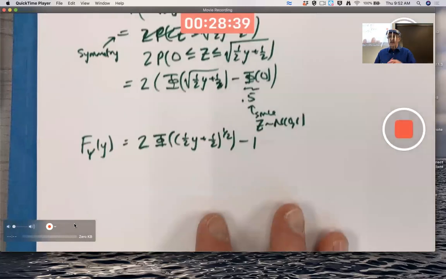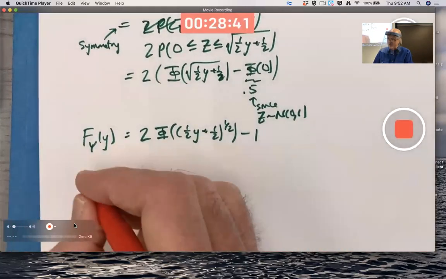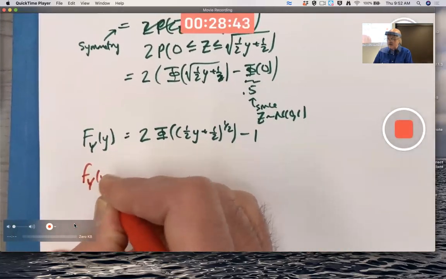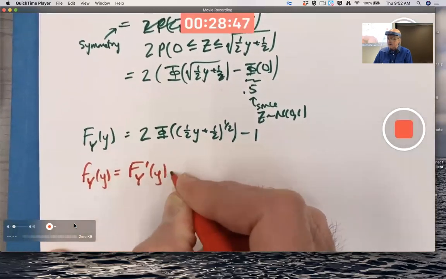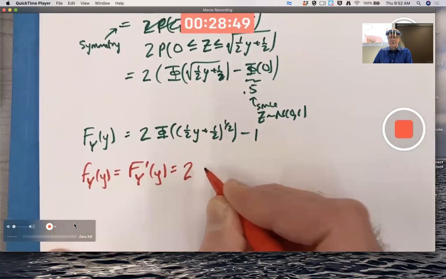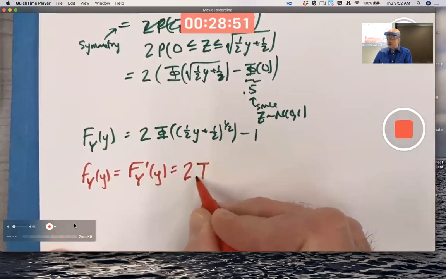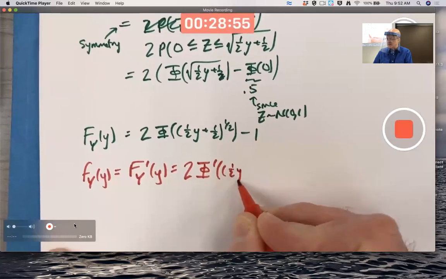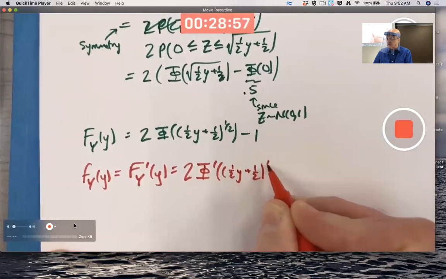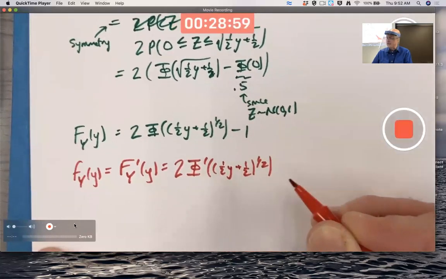But now we differentiate it to find the PDF of y. So we need to use the chain rule. And we're going to get another derivative.